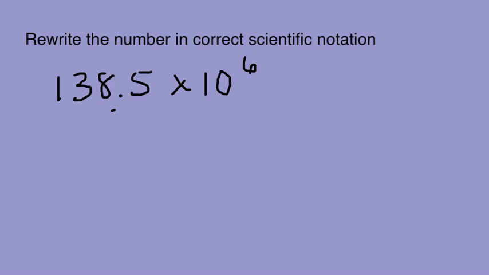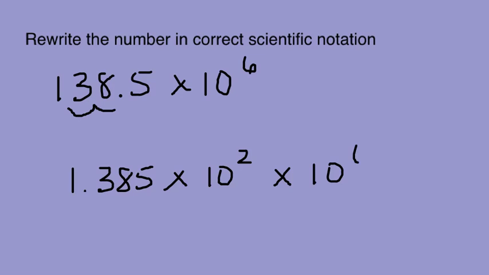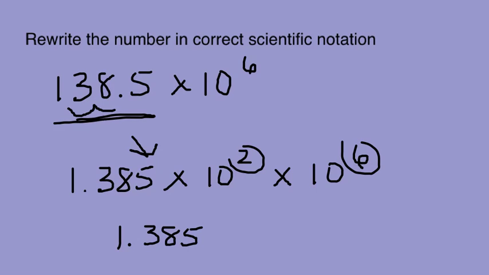So I'm going to go ahead and move my decimal back 2 places, rewrite that as 1.385 times 10 to the 2nd times 10 to the 6th. This number here became times 10 to the 2nd. Well, my rule for exponents says I just add my exponents. So my correct number is 1.385 times 10 to the 8th.